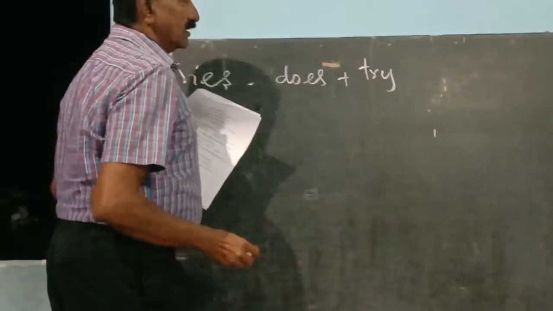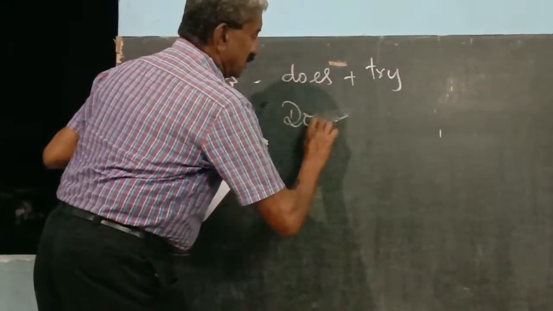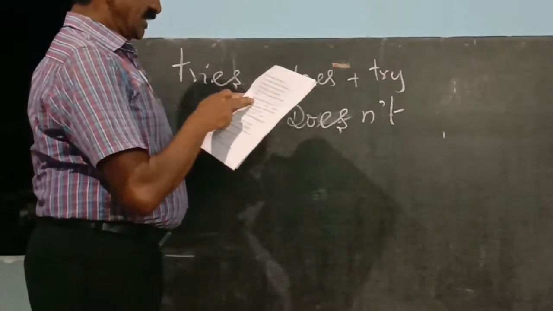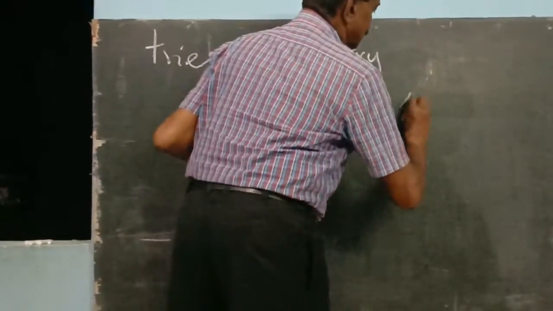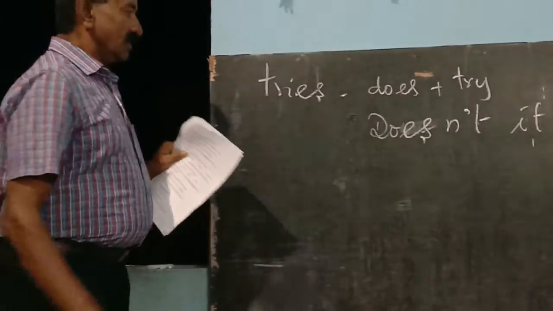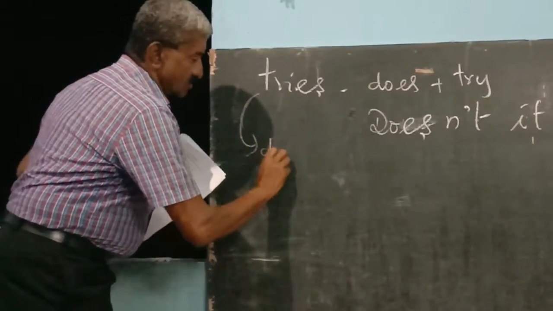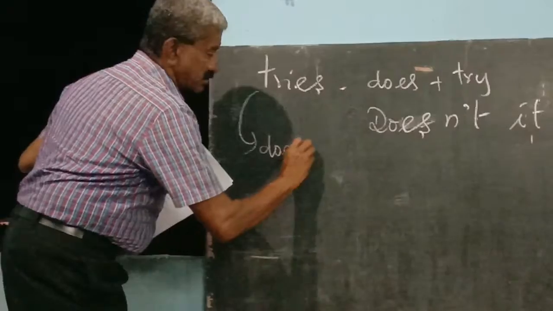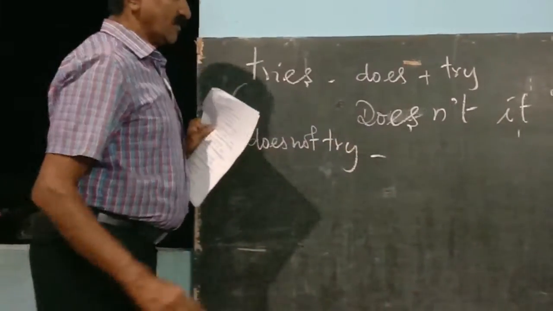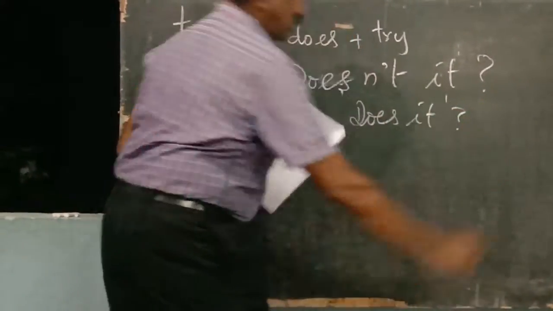Here you apply doesn't: the story tries, doesn't it. In case it comes in the negative, does not try, then our answer will be how? Does it. Okay.